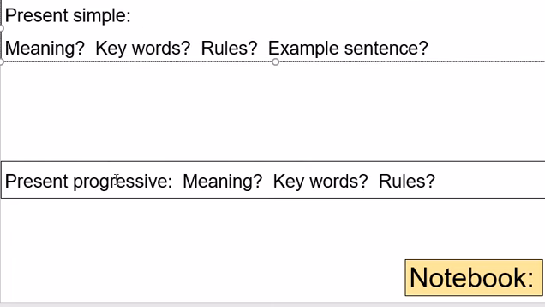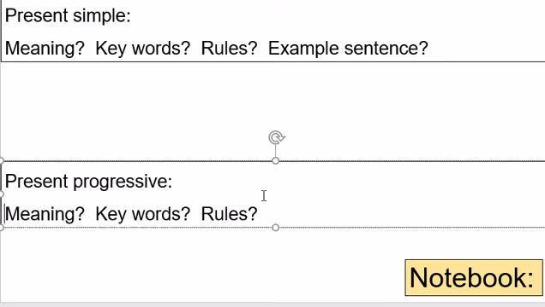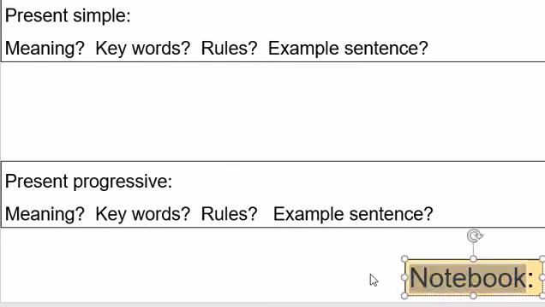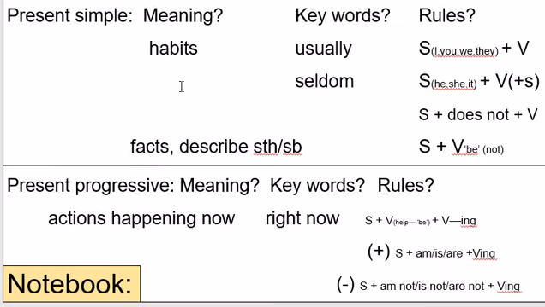And the same thing for present progressive, meaning, keywords, rules, and example sentence, okay? So this should go in your grammar notebook. All right, so my notebook looks like this. I put present simple, we talked about the meaning of it.